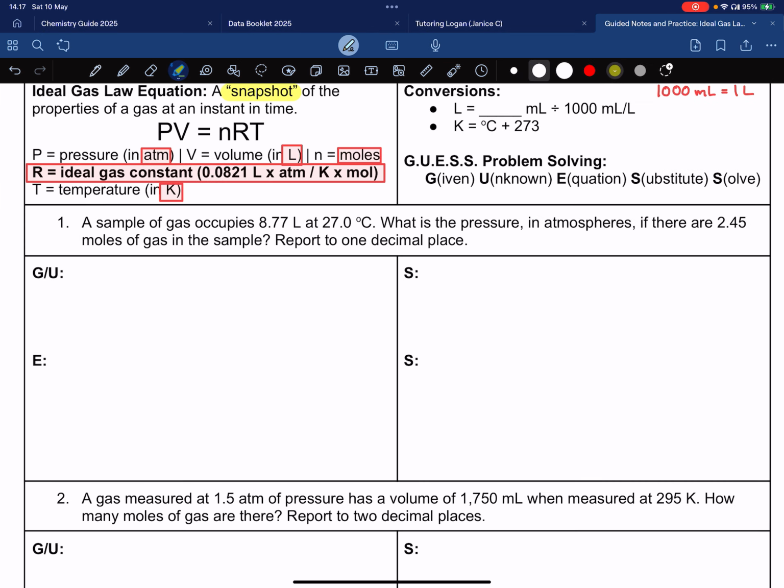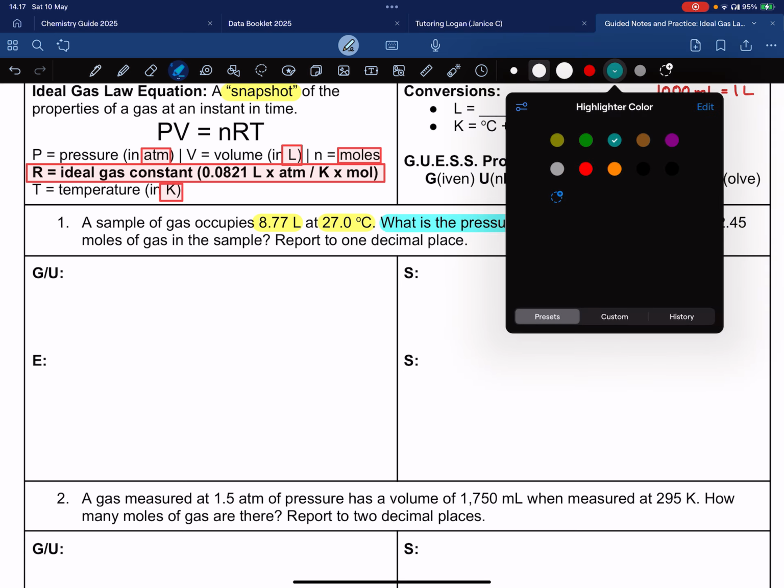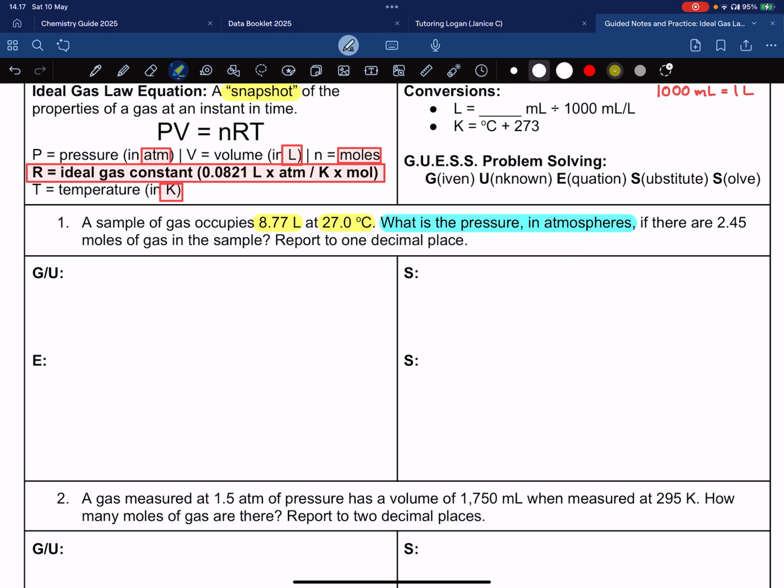A sample of gas occupies 8.77 liters, 27 degrees Celsius. What is the pressure in atmospheres if there are 2.45 moles of gas in the sample? Report to one decimal place. All right, so you've only got one of each thing, right? So P, I don't know.